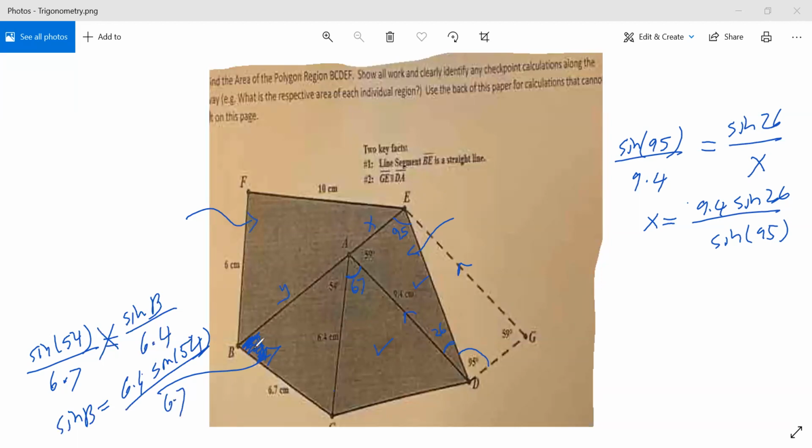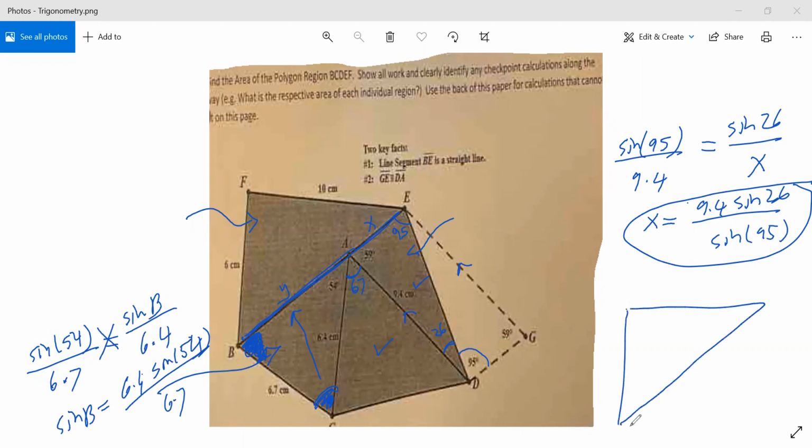And that's going to give me this angle. And once I have that angle, then I can figure out this angle and use the law of sines again. I can figure out the y. So then I have x plus y figured out, because remember, x is this, and the y I figured out from here. Now I have the triangle BFE.